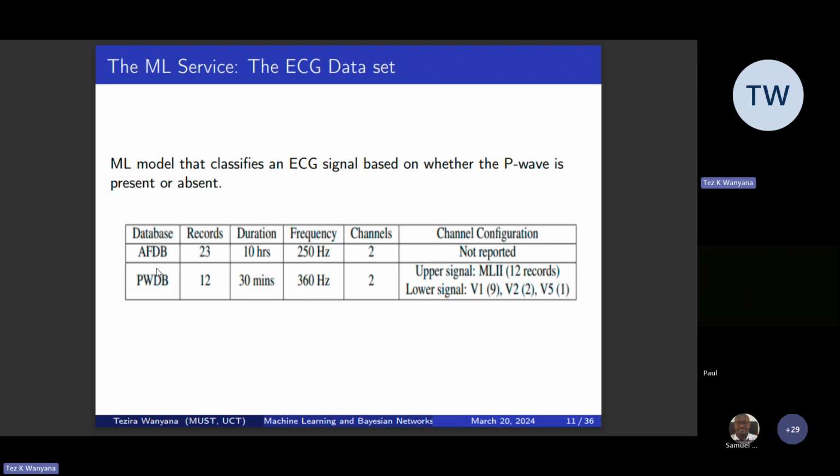The first database was the AFDB, atrial fibrillation database. The second database was the P wave database. The P wave database gave us the negatives, and the AFDB was used for us to obtain the positive class.